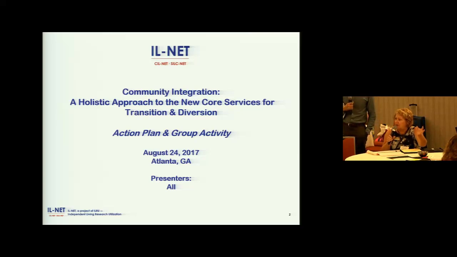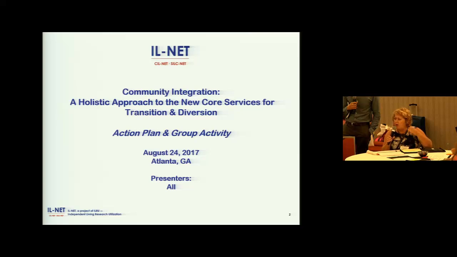So we really need to redirect our thought process, and that's a training opportunity. We already have community collaboration as in a referral system.